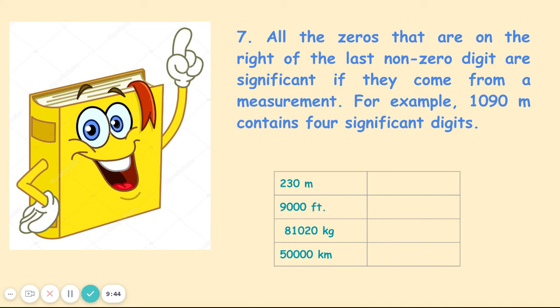Okay, 230 meters has 3 significant figures. 9,000 feet, so has 4 significant figures. 81,020 kilograms, so that is 5 significant figures. So 50,000 kilometer, since may unit siya, may measurement siya ng mass and distance, is 5 significant figures. Okay, nasusundan po ba?